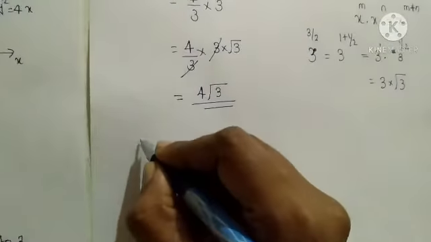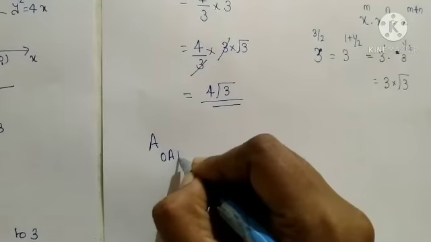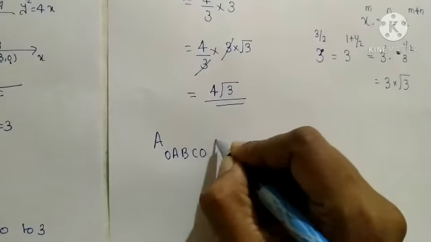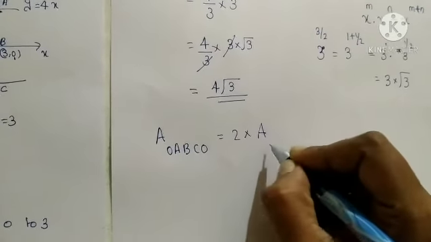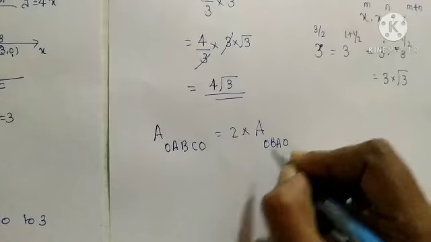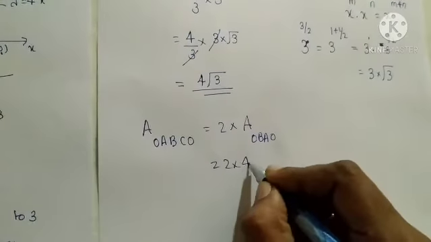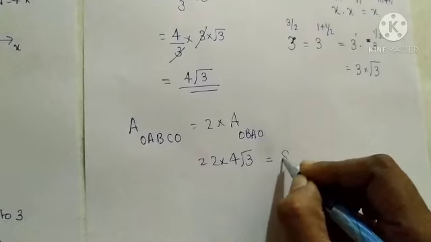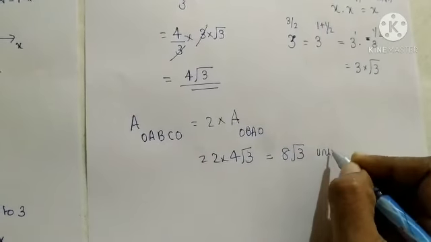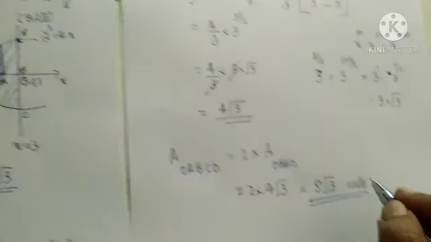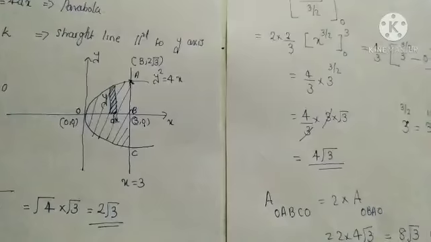So the area of OABCO is equal to 2 into the area of OBAO, and here we get the area of OBAO as 4 root 3, and the final answer is 8 root 3 units, which is the final area of this shaded region. Okay.